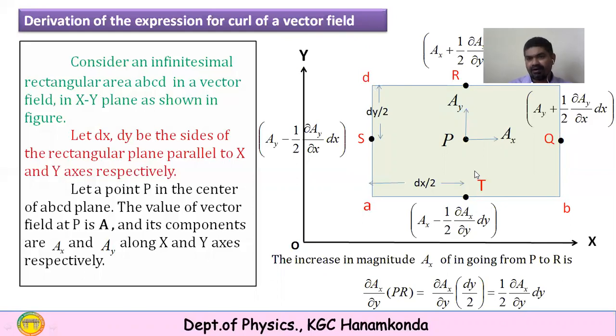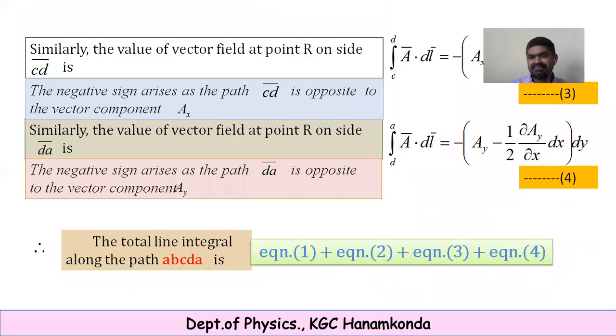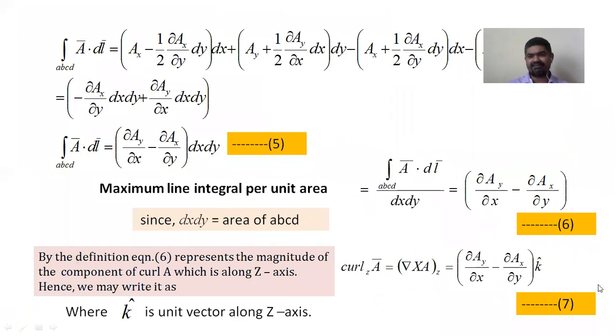There you get the field direction along the z axis, along the positive z direction. Therefore, the unit vector is k cap, which is along the z axis. So this quantity is multiplied with k cap, and this is the curl component along the z axis.